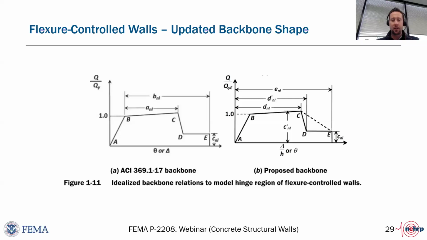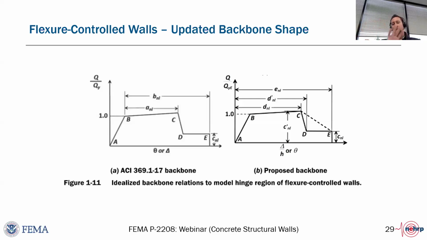It looks pretty familiar, I'm imagining, to anybody that's familiar with the standard. You'll see that the general shape of the backbone looks similar. There were some updates in ASCE 41-23. I'll just mention that it actually went beyond this, and they have another portion of the curve that goes after. This is the lateral resistance, or the lateral strength, versus deformation.